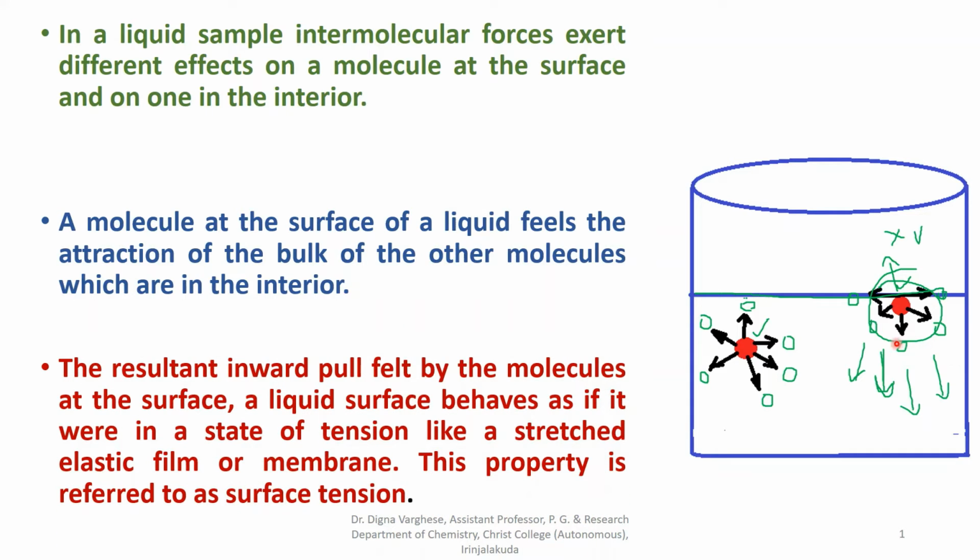Due to the resultant inward pull felt by the molecules at the surface, a liquid surface behaves always as if it were in a state of tension. This property we call surface tension. Hope you understand what surface tension is.